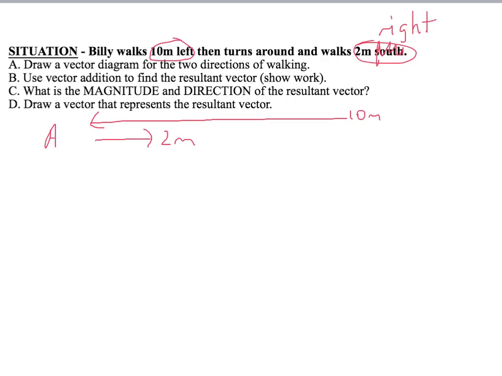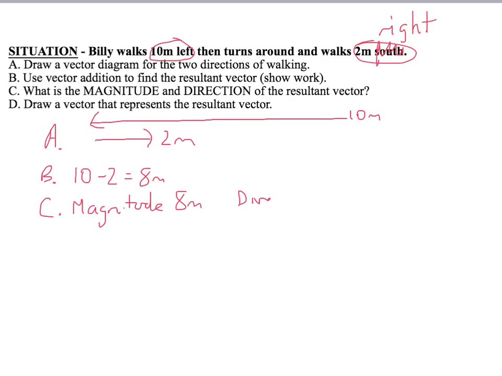Then it says, use vector addition to find the resultant vector. So for that, what you'd have is 10 minus 2 equals 8. For part B, it says, what's the magnitude? The magnitude is 8 meters.